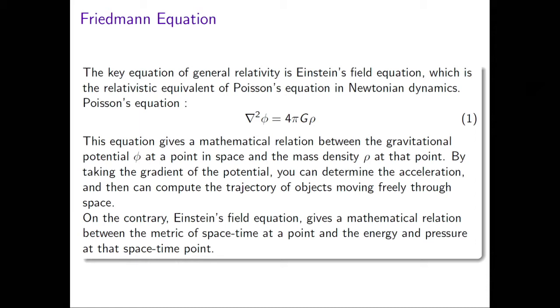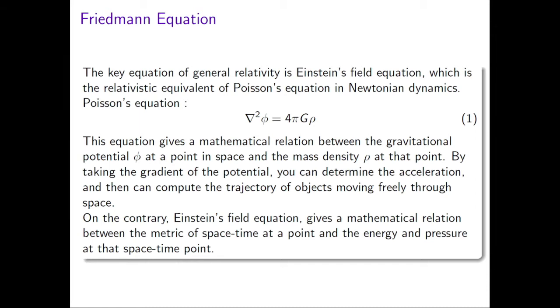The Poisson's equation is given by Laplacian of phi equals 4 pi G times rho, where phi is the gravitational potential, G is the universal gravitation constant, and rho is the mass density at that point.